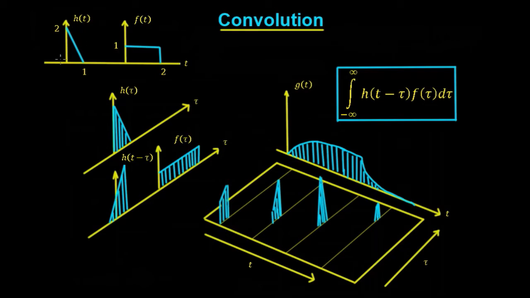Now the first thing to note is that if this is the input to the system, then the first part of this signal to actually get into the system is not this part here. The first part to get into the system is at t equals 0. This here is the first part of the signal to get into the system, because in order to get the rest of it in we're going to have to wait.